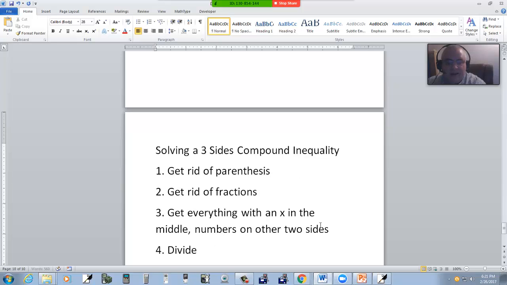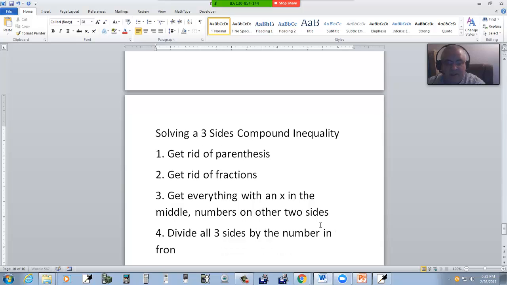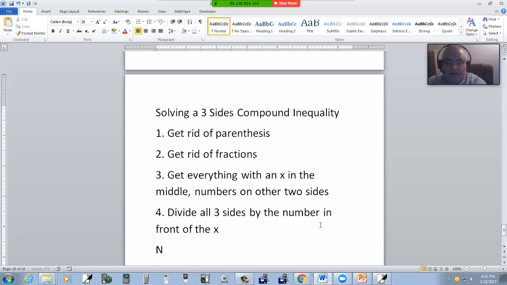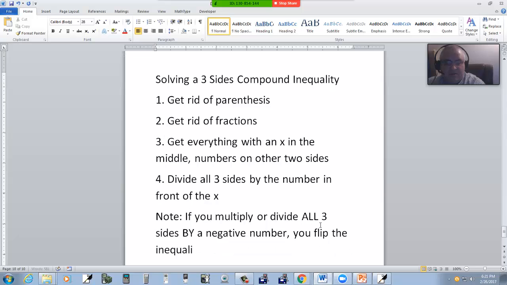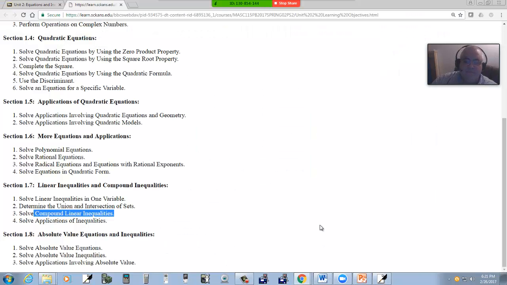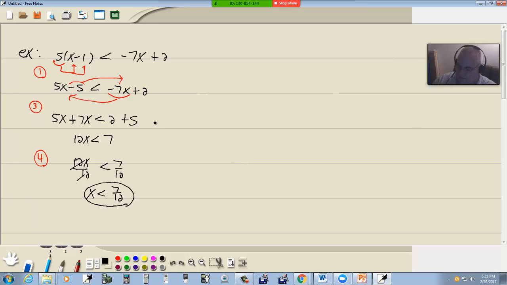Step 4, divide all three sides by the number in front of the x. And then our note: if you multiply or divide all three sides by a negative number, you flip the inequality symbols.